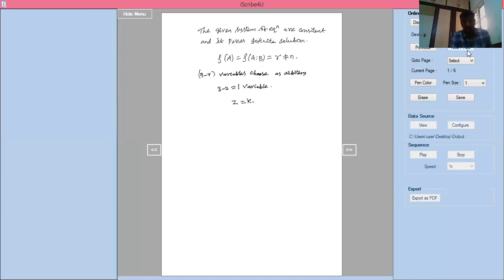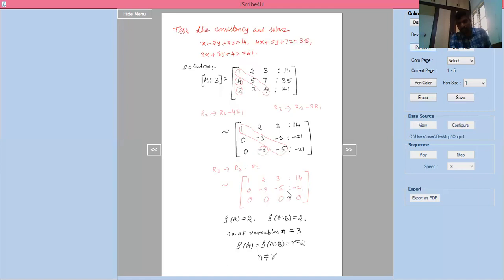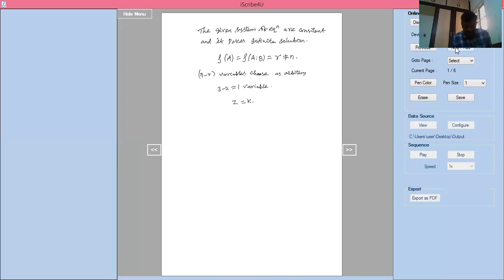Now here what are the equations? We have to see that one. I have to write now. Z equal to k, means minus 3y minus 5z equal to minus 21. Another one should be x plus 2y plus 3z equal to 14.